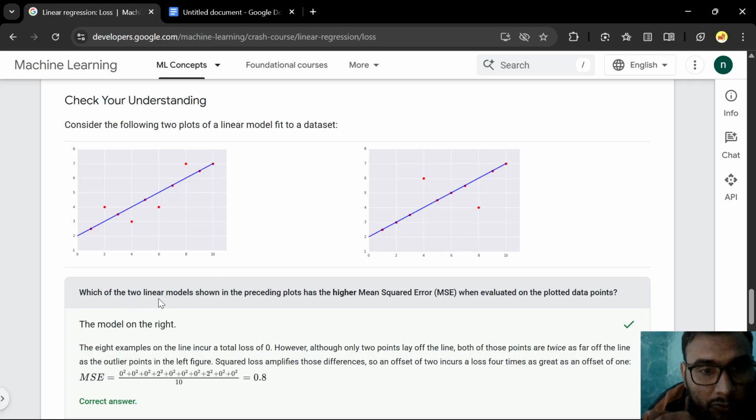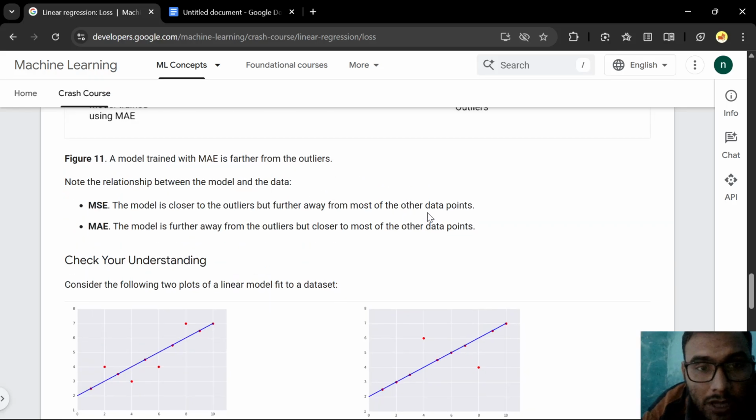Which of these two linear models has higher mean squared error when evaluated on the plot? Both are calculated using mean squared error, but which of these two will have higher mean squared error? So that would be the right, because it is closer to the outliers.